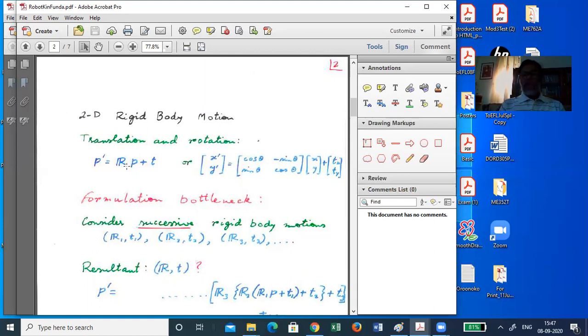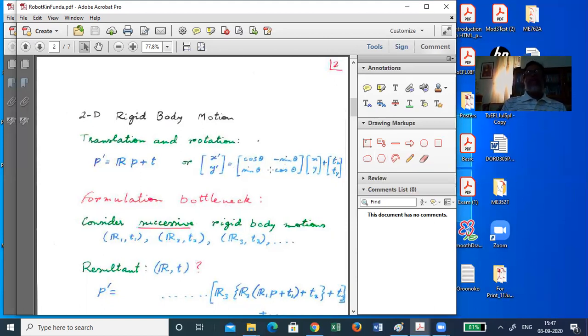So if the displacement is through dx dy, then the position xy will change through that. If there is a rotation first and then translation, then you will get this. So rotate the body and then translate. So you get this. Fine.